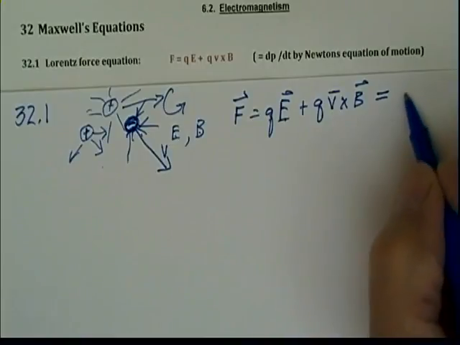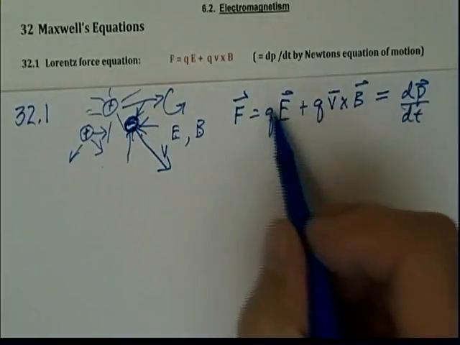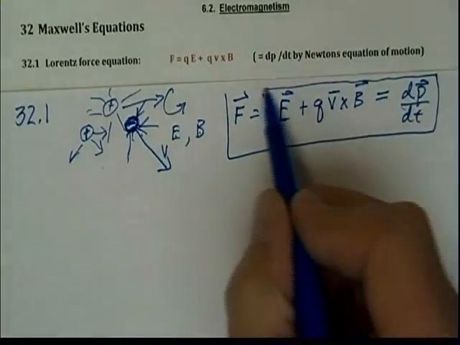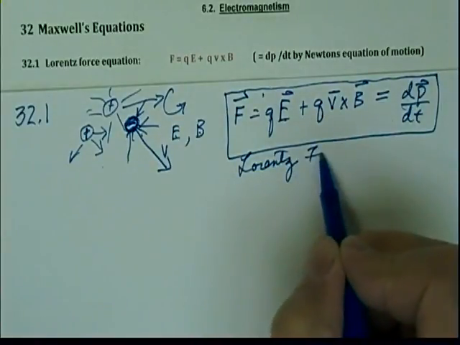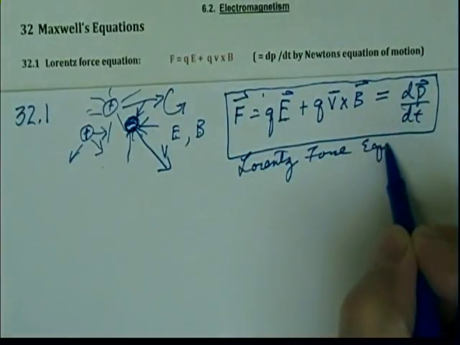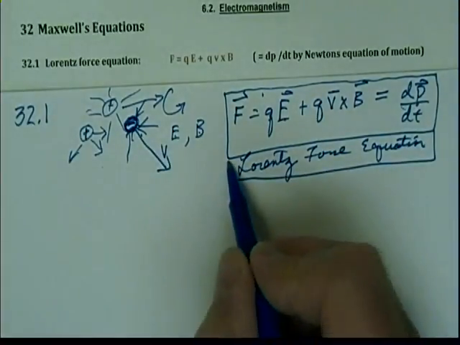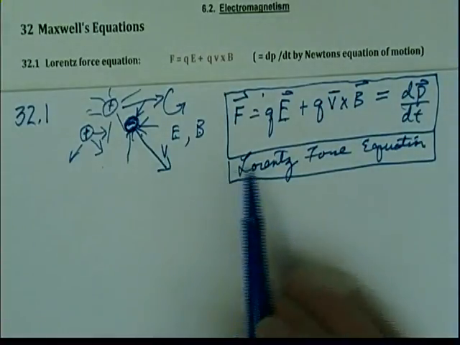This force gives us dp dt by Newton's second law, and so this equation right here is called the Lorentz force equation, and complements the 4 laws of Maxwell that we're getting ready to discuss.